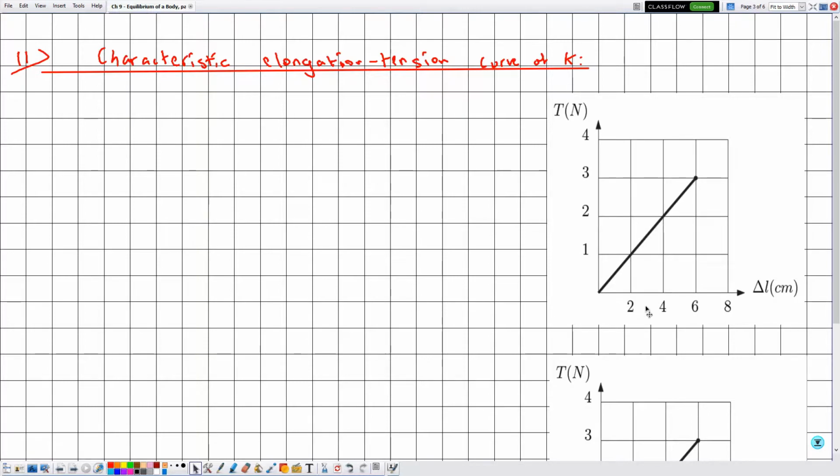So in the case of the compression, simply the title of this section will be Compression Tension Curve.